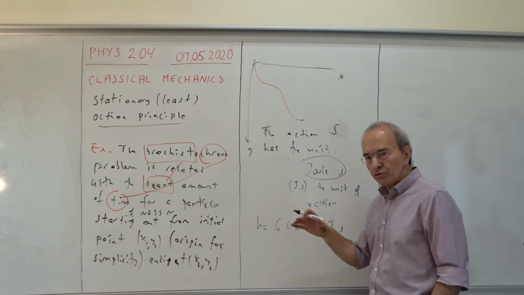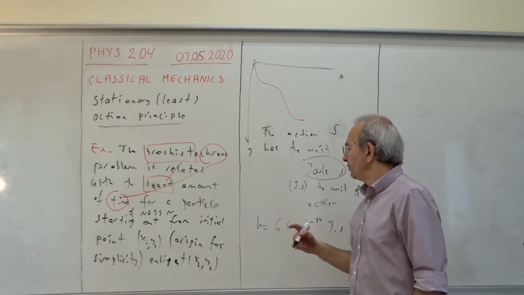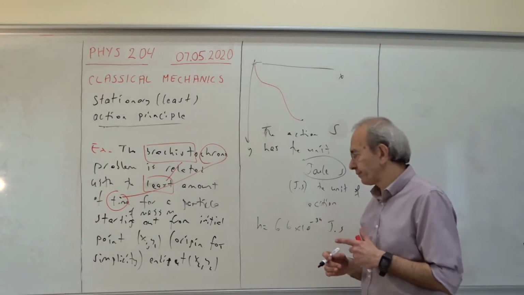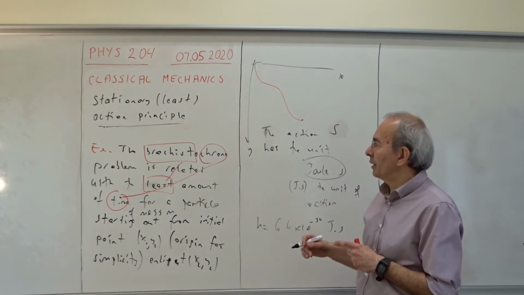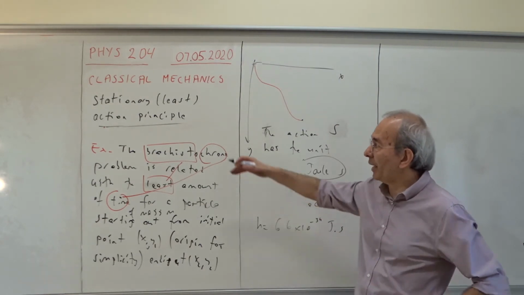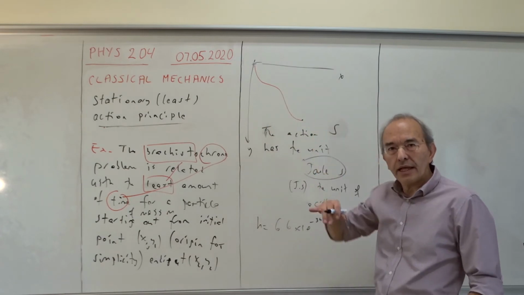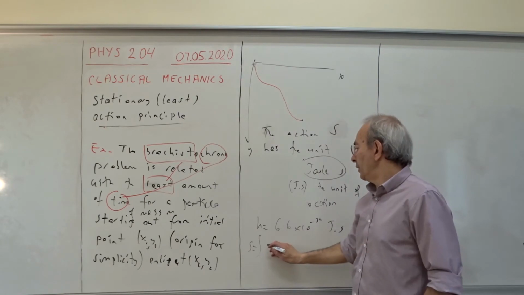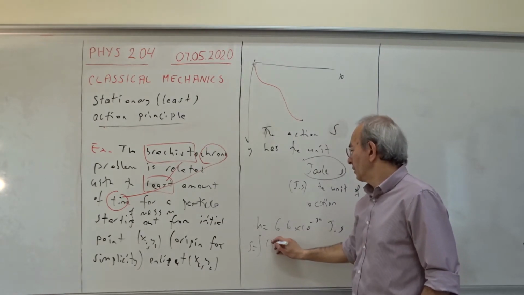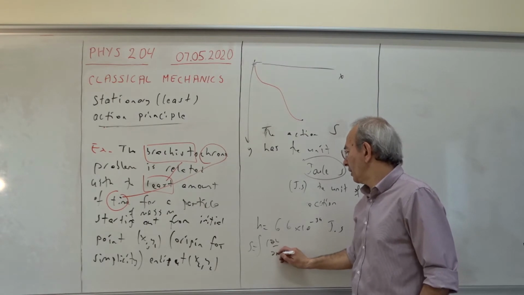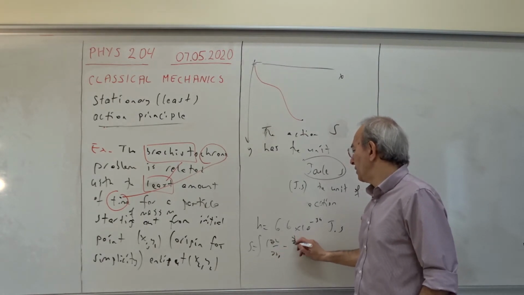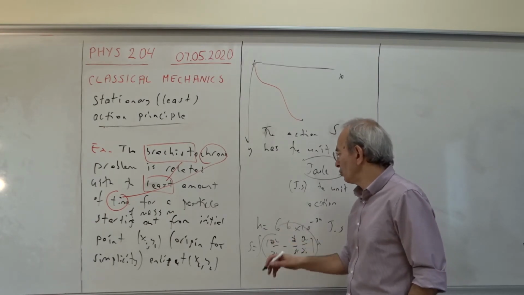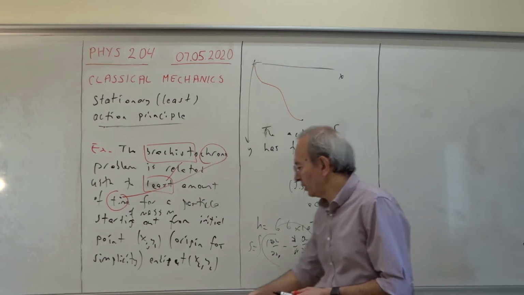So this is outside the scope of this course. However, you can make a matching between Planck's constant h and the action, because in this analysis the action S was the integral of del L by del x minus d by dt del L by del x dot, times dt. So this corresponds to the unit of joule second, which is the unit of action.